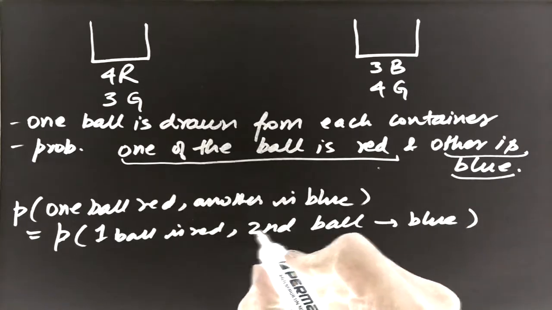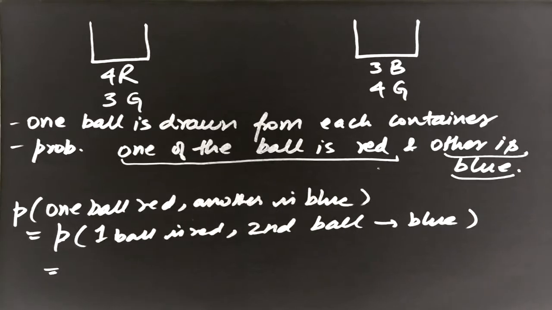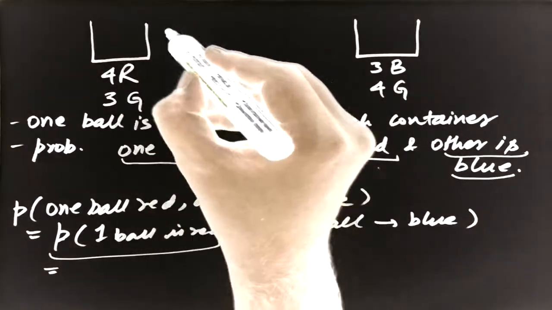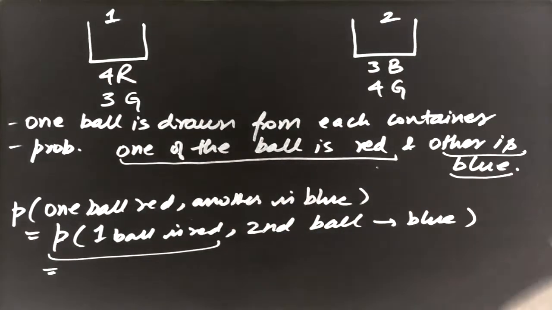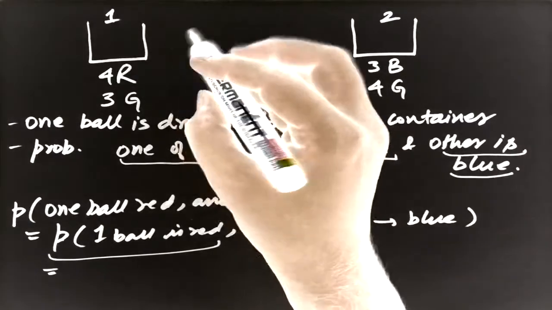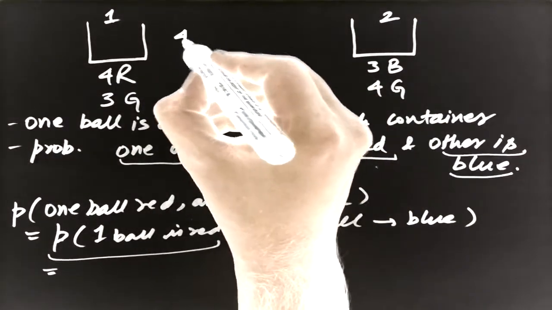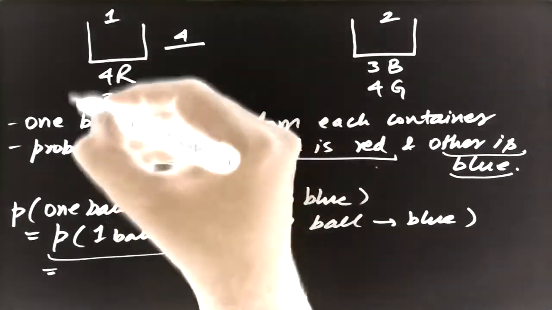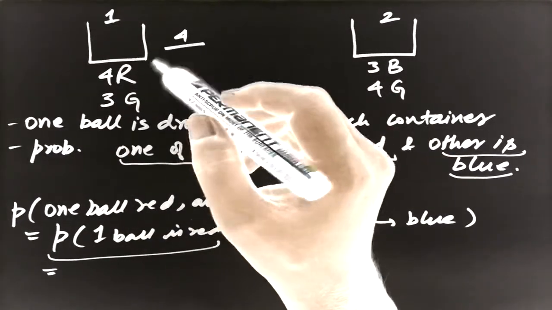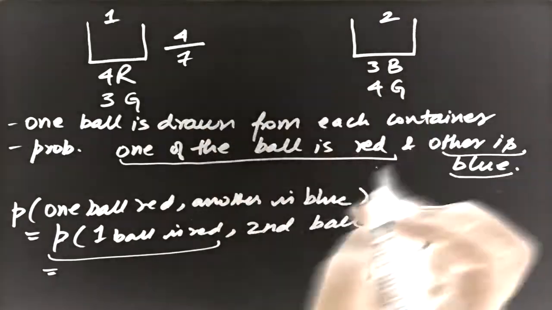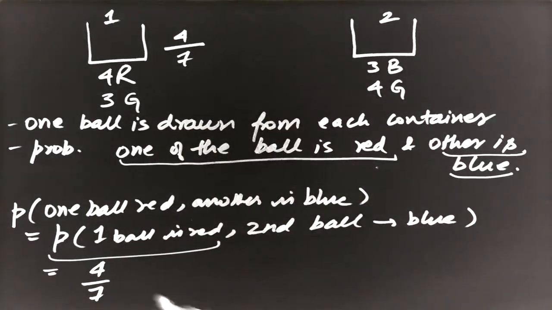Fine. So the probability of getting the first ball as red, this is the first container, this is the second container. So it will be 4, the number of possible ways, divided by the total number of ways, which is 4 plus 3, so you will write 4/7.